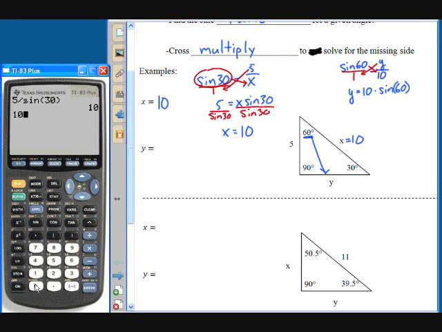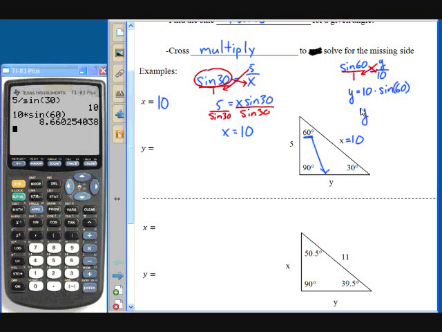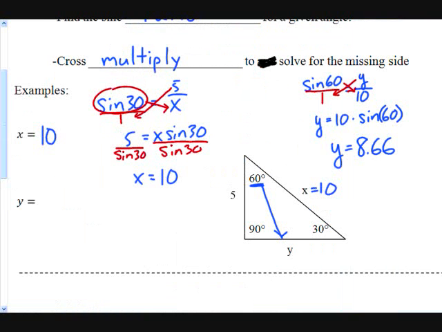And I hit enter, and it gives me 8.66. So it looks like y equals 8.66. So that's my other missing side. And that's all there is to it. Again, we just set up the trig ratio, we use the appropriate angle so that I have opposite and hypotenuse, and I solve for the missing side.